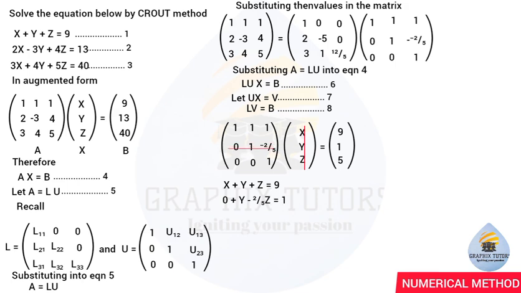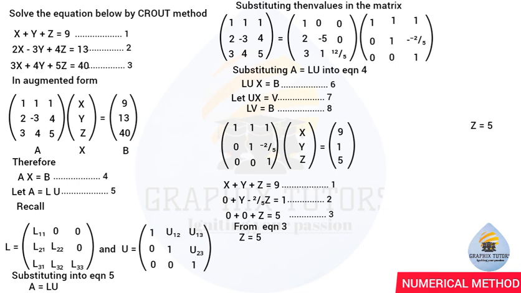Now we'll go to the next one. 0 times X is 0, 0 times Y is 0, 1 times Z is Z, right? That is 0 plus 0 plus Z equals to what? 5. Now that is what we have. So this is equation 1, equation 2, and what? Equation 3.